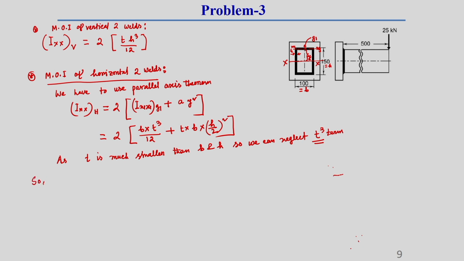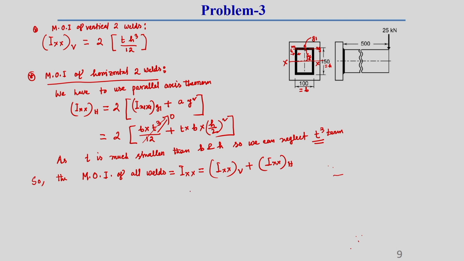So, the moment of inertia of all welds, let us say Ixx here I am representing, will be equal to Ixx vertical plus Ixx horizontal component. Here we are neglecting this t cube term.